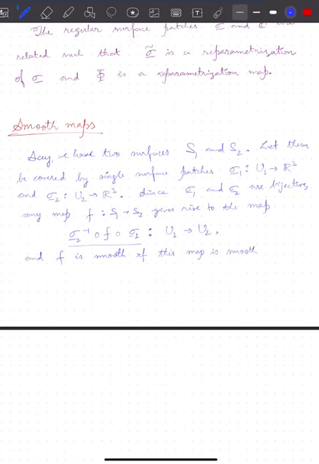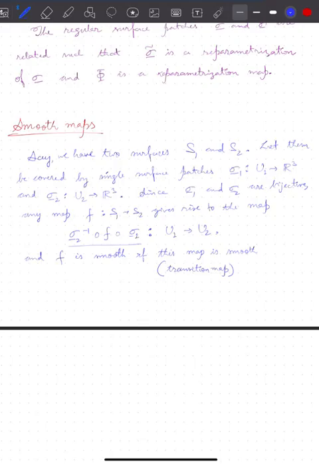So we'll keep it at that. I believe this explains what we are trying to say. So if this map means transition map, say we have two surfaces, and they both have their own reparameterization maps.